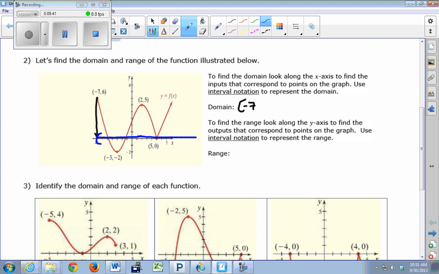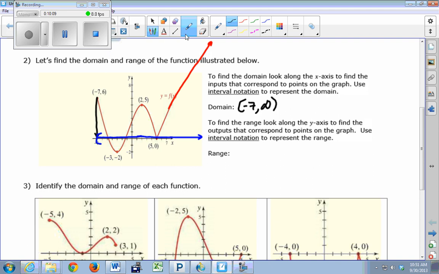I never stop, right? Because this curve is never going to stop. It just keeps going. It's a straight line. So what do I put for my end value for my domain? Infinity with a parenthesis, right? Okay, so here's my domain. It's outlined in blue along my x-axis.